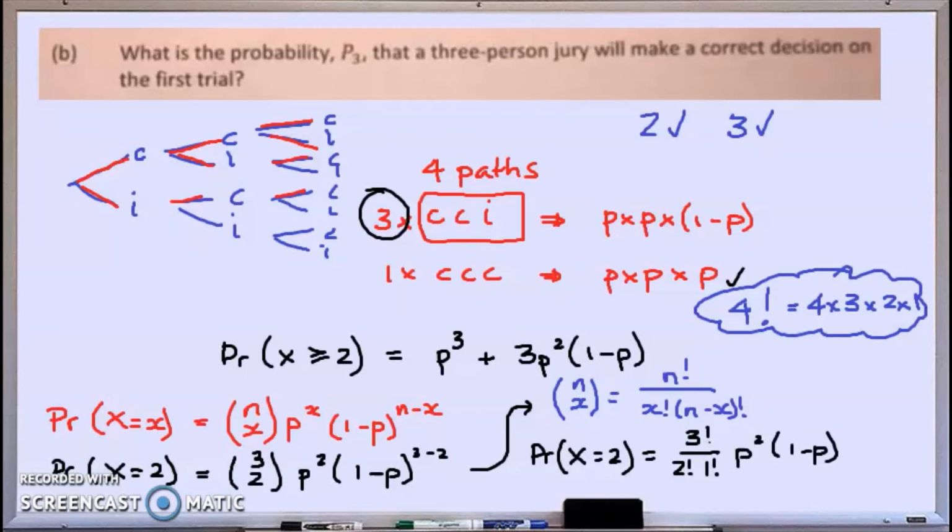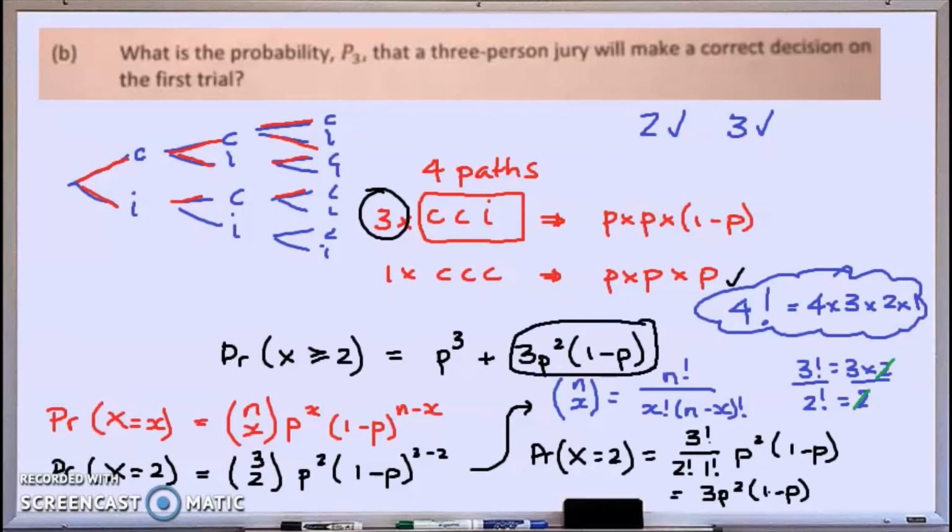And 3 factorial is 3 times 2 times 1. 2 factorial is 2 times 1. So therefore 3 factorial over 2 factorial will be 3. And therefore the probability that x is 2 is going to be 3p squared 1 minus p, which is what we got here.